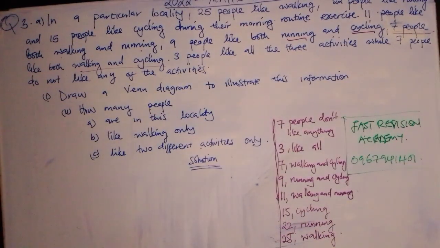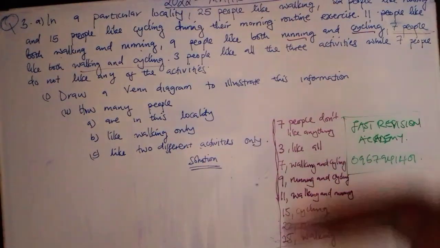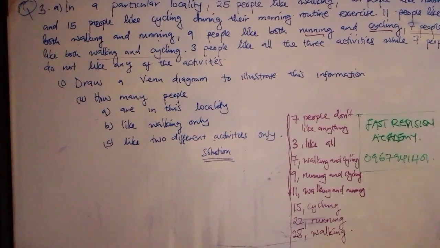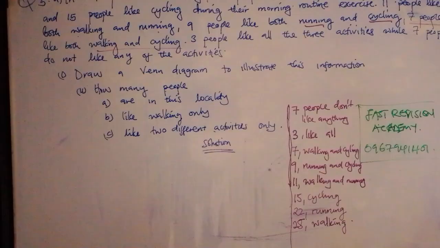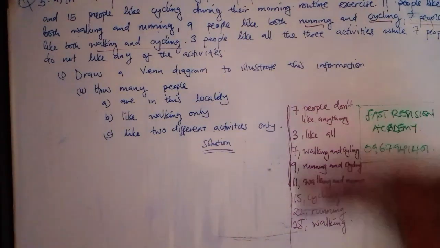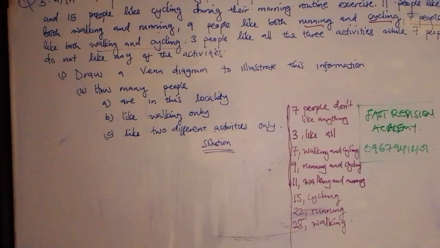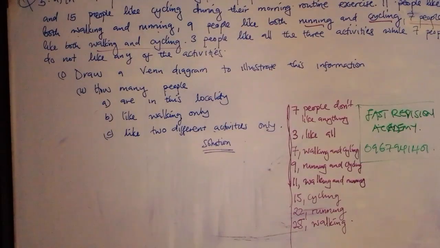So once you write all this data in a simplified manner like this, you won't get the question wrong, because after writing this, you have identified one thing. We have identified that here we have people who like three things: cycling, learning, and walking.